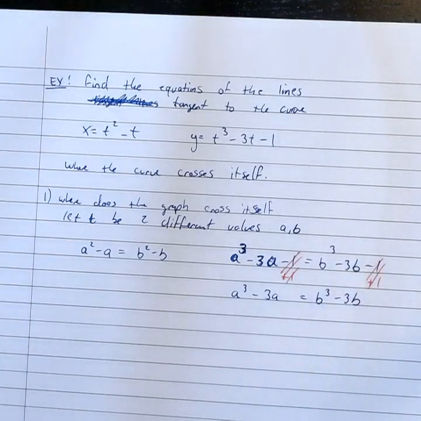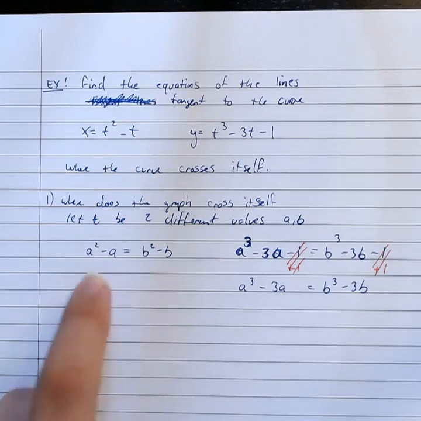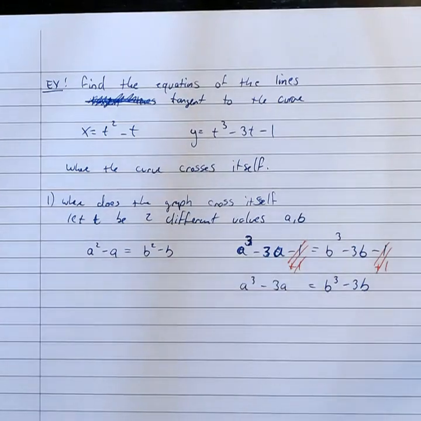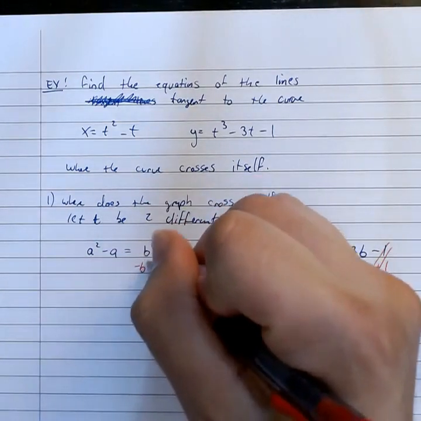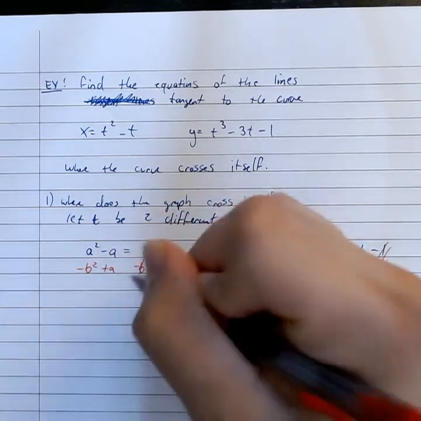Okay, just like that. Now, if I take the equation on the left side, we can move things around just a bit. Let me put all my squares together. Let me subtract b squared from both sides and add a to both sides.